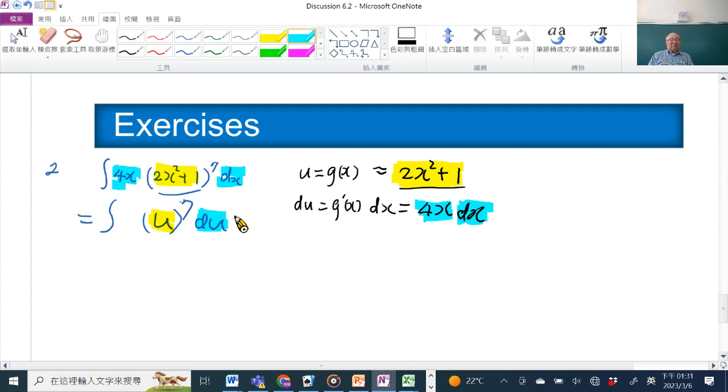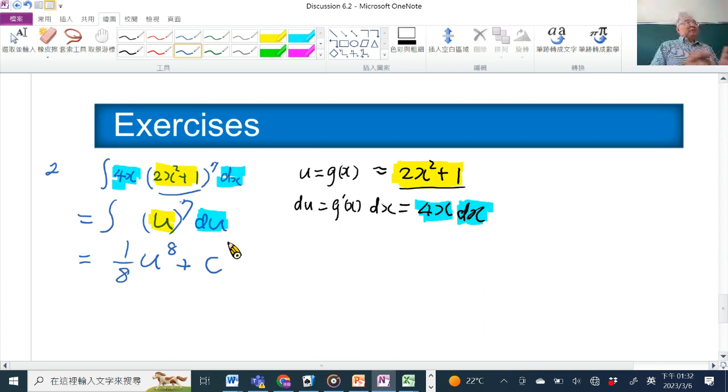Now it becomes a very simple integration form, but this time the variable is u. What kind of rule can you apply? That's the power rule, right? The integral of u to the power of 7 du. Your answer should be 1 over 8 times u to the power of 8 plus constant c, applying the power rule.